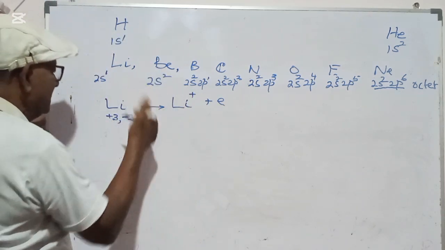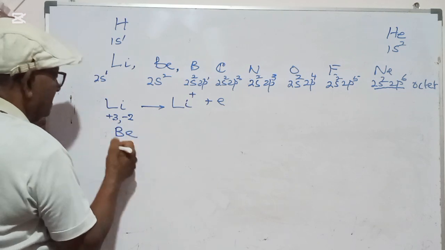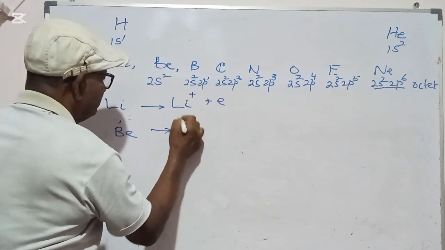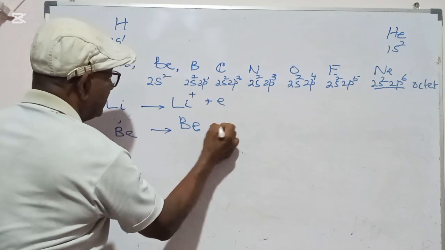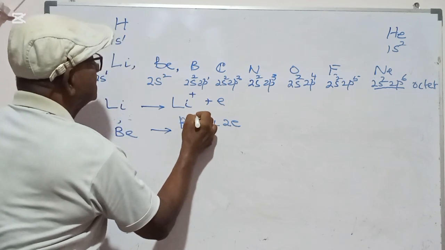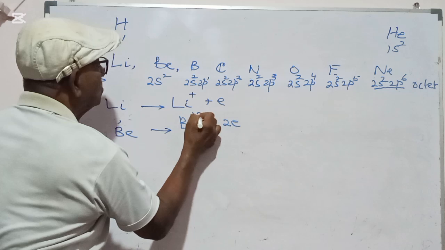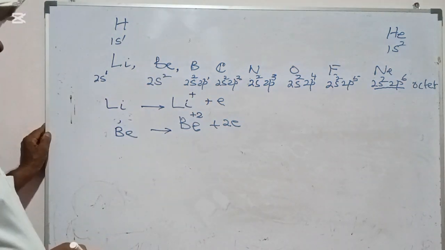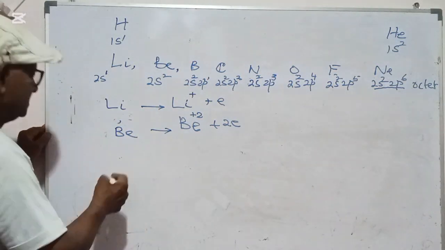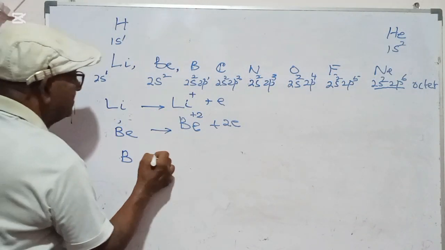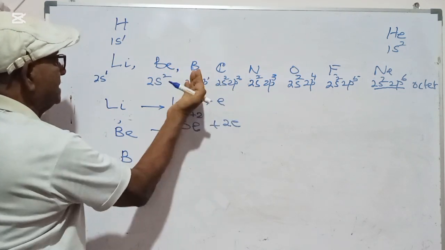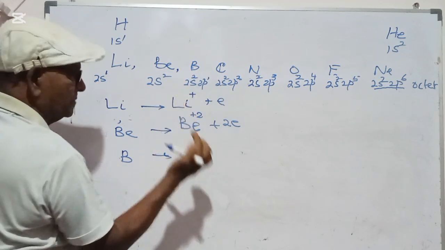Then we will go through beryllium. It removes 2 electrons from 2s2, so Be plus 2e, and it becomes Be2+. It has 2 protons in excess. Similarly, boron removes 3 electrons to keep the first energy level as the outermost orbital.